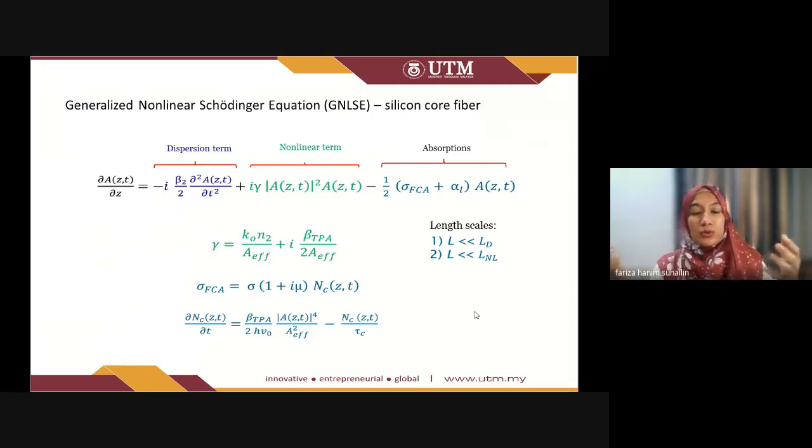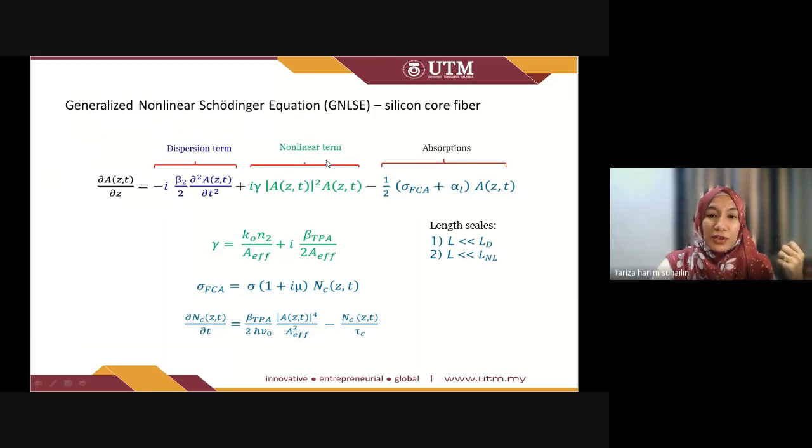When we want to view the propagation in a silicon core optical fiber, we can use some approximation, and we call this the generalized nonlinear Schrodinger equation. It explains what happens to these short optical pulses when they're propagating inside the core of optical fibers. There are different terms that play a role during their propagation. We have the dispersion term related to beta 2, group velocity dispersion, and the envelope.